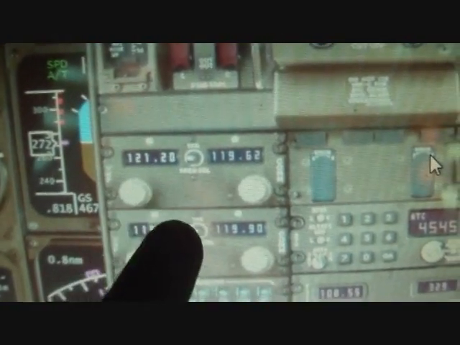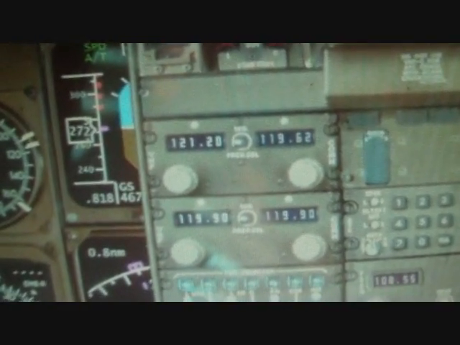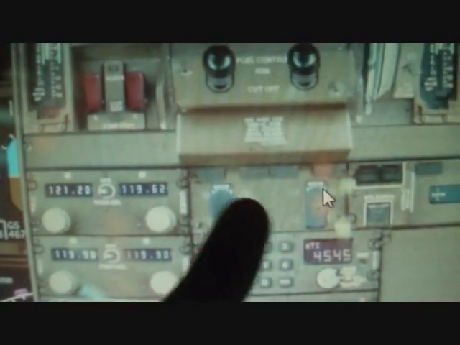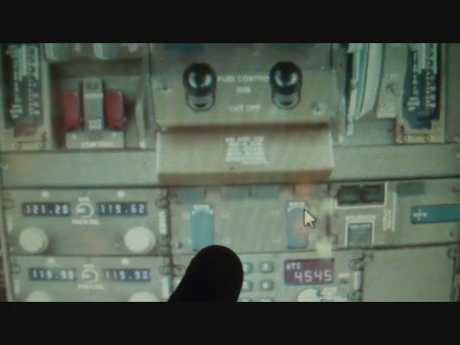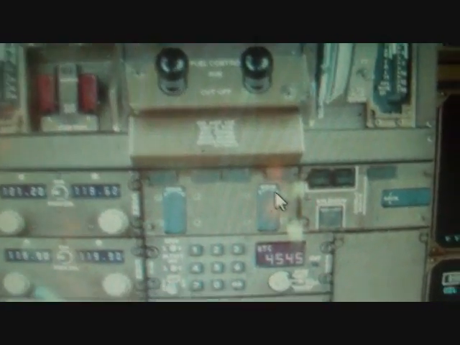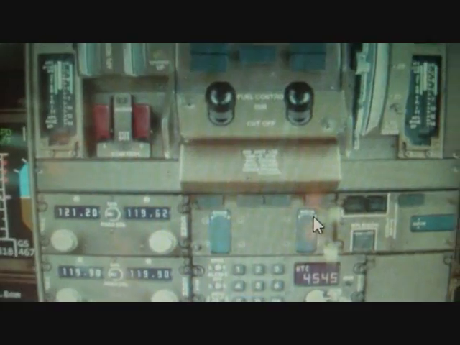Over here are two VHF, very high frequency radios. These are communication radios used over land. Over here are the fire handles for the engines and for the APU. In the event of a fire, you're going to see this turn red, and what you do is you pull up and you twist. Here's the transponder.